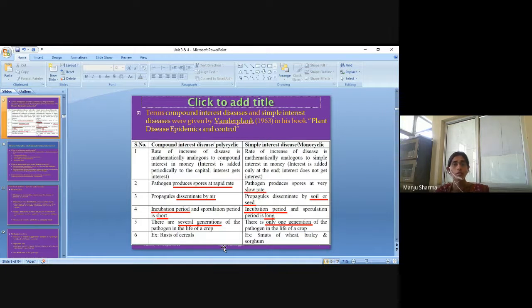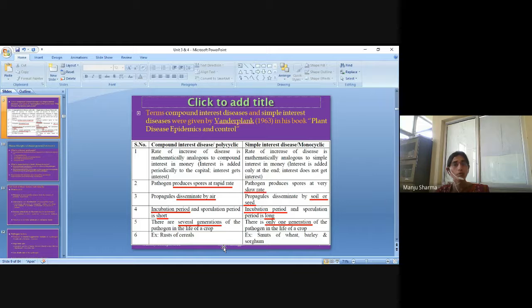The terms compound interest disease and simple interest disease were given by Vanderplank in 1963 in his book Plant Disease Epidemics and Control. So, what is a compound interest disease and what is a simple interest disease? We can say polycyclic or monocyclic.